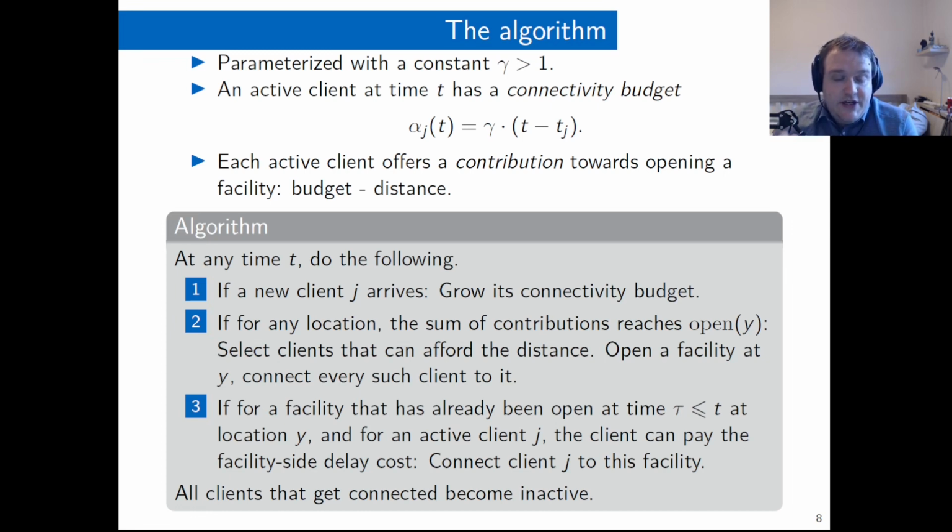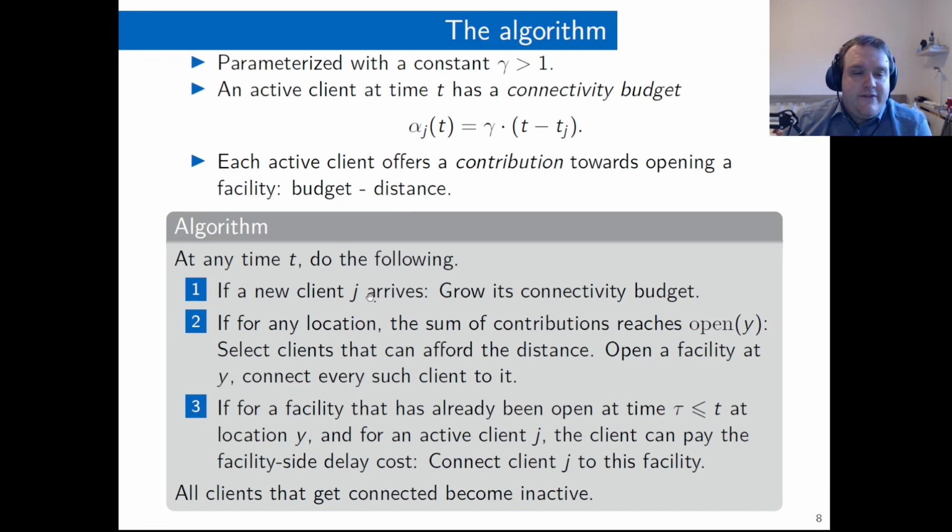And each active client, so clients that have not been connected yet, of course need to pay for the connection cost with their budget. But once the connection cost is paid, they would like to contribute towards opening a facility. So the leftover is budget minus distance, and this is an offer towards opening a facility, right? So what does our algorithm do?